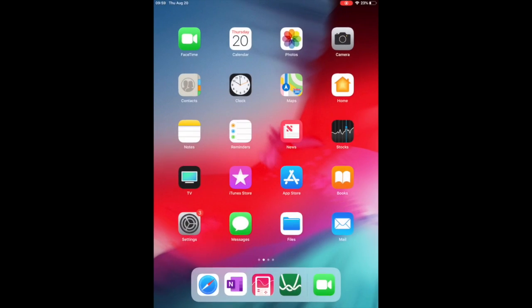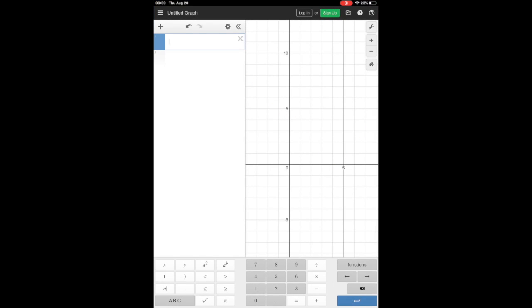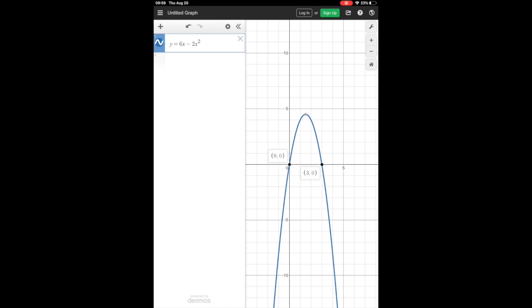All right, I'm going to go to my graph. I'm going to type this one in. For time's sake, I'm only going to type it in here. If you are using a graphing calculator, feel free. I feel like this one's pretty self-explanatory how to type it in your graph, so you shouldn't have any problems. It crosses here, 0, 0, and 3, 0.